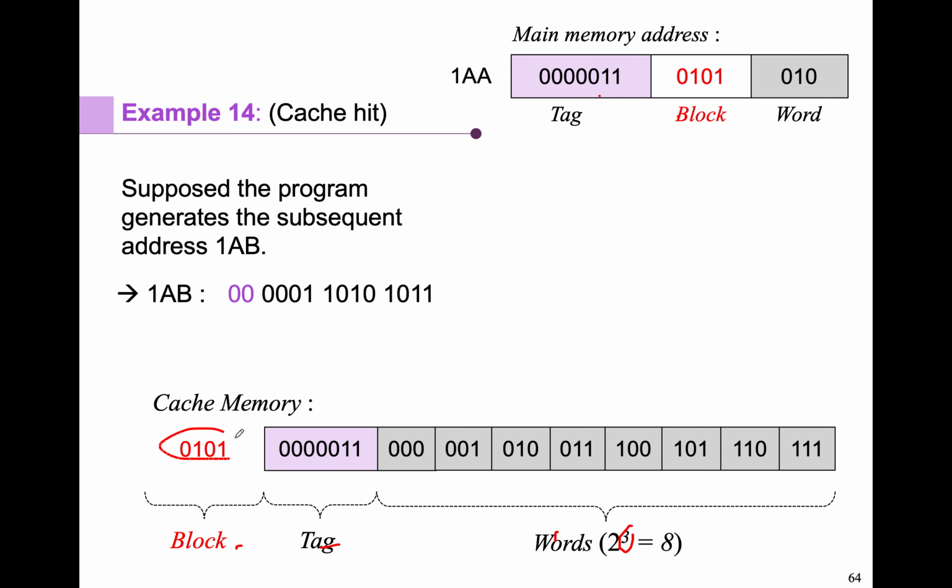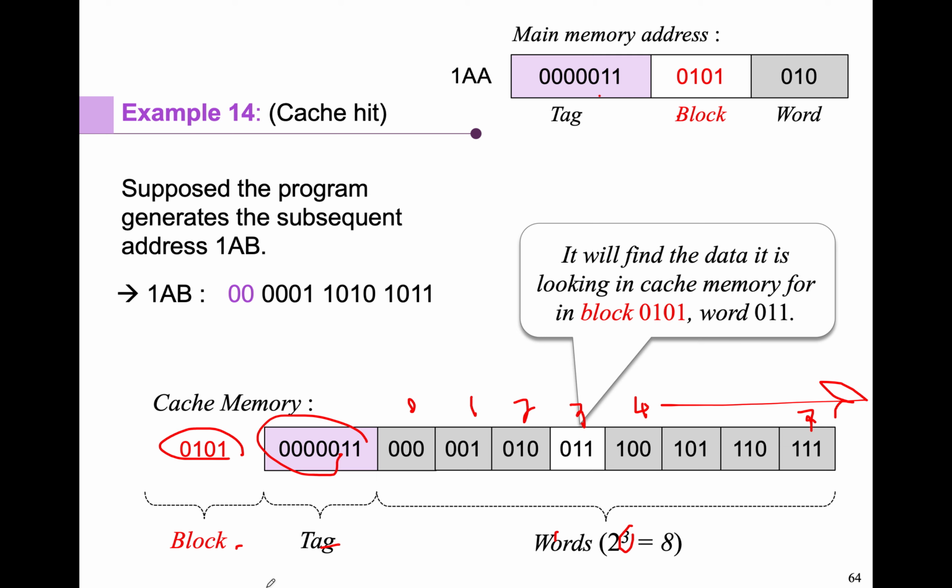Okay, this is block. And the tag is 0, 0, 0, 0, 0, 1, 1. The rest is 0, 1, 2, 3, 4, 5, until 7. All together is 8. From 0 to 7, it totals up to 8.